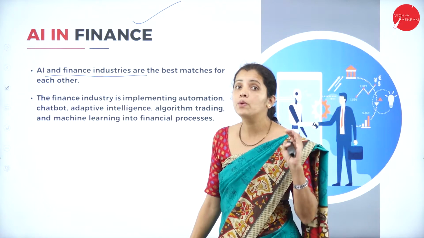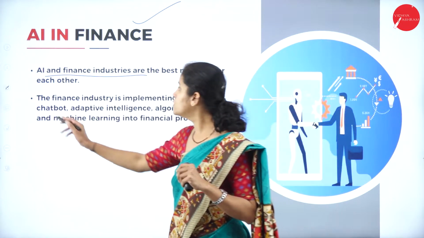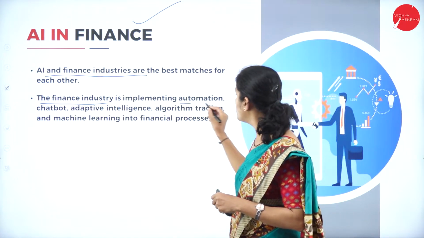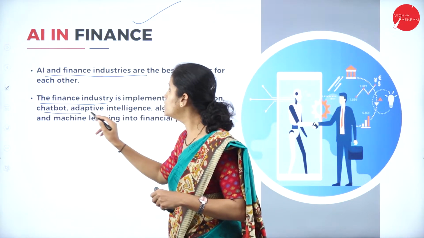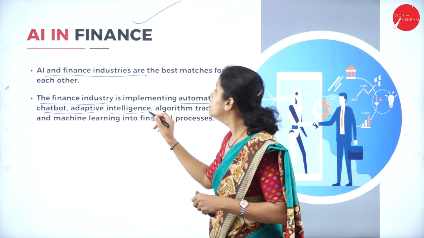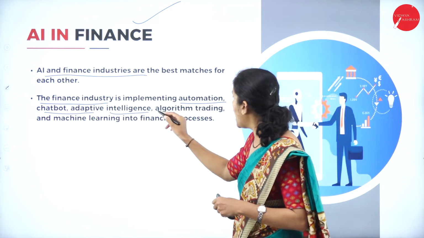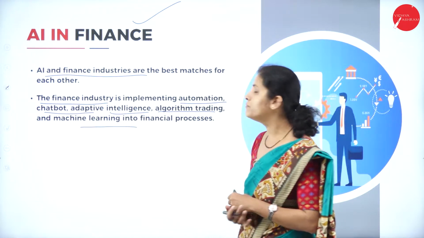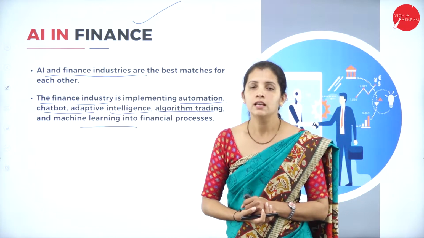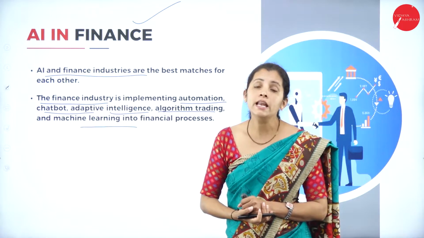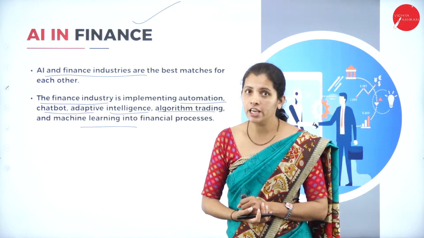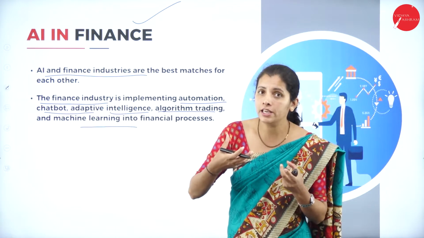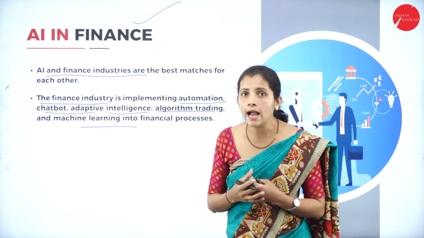So AI provides security. The financial industry is implementing automation, chatbots, adaptive intelligence, algorithmic trading, and machine learning into financial processes. Now, if I consider any financial application, suppose I want to interact with the application, I require a chatbot.